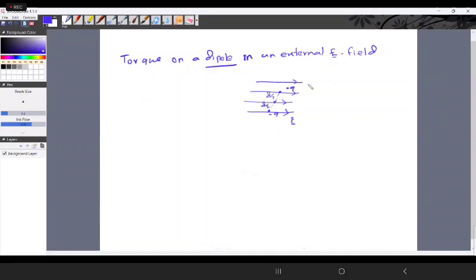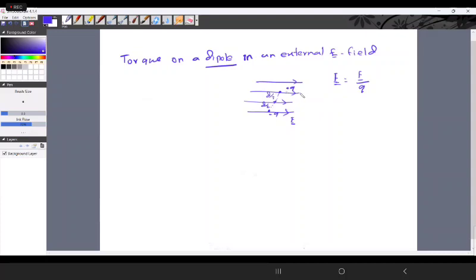If we have the electric field in this direction, we know that the electric field is defined by the force over charge, so the electric field has the same direction as the force.